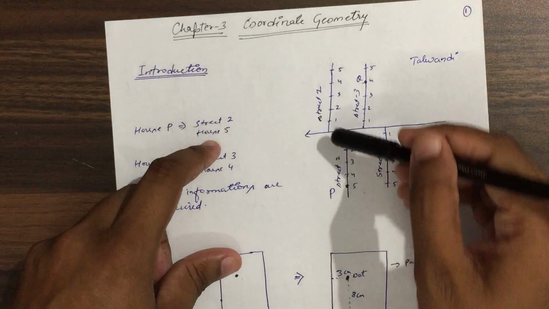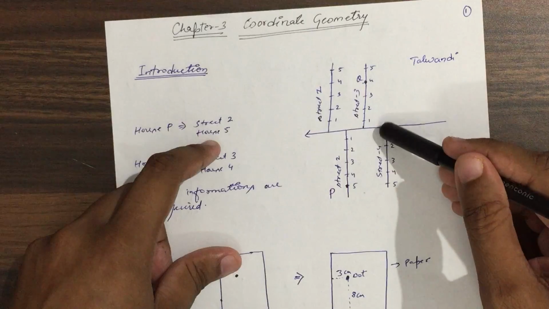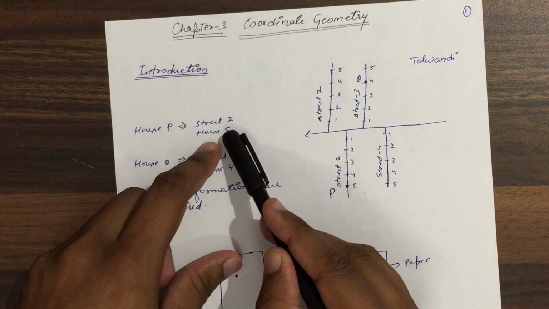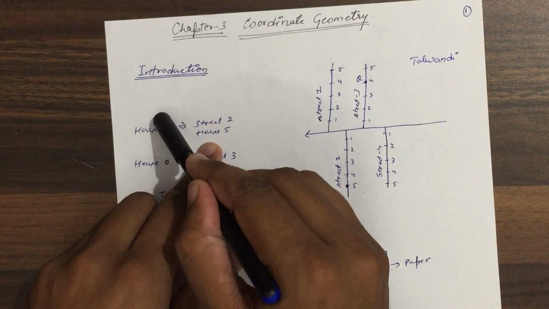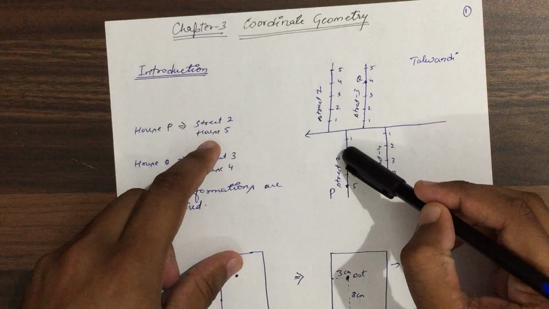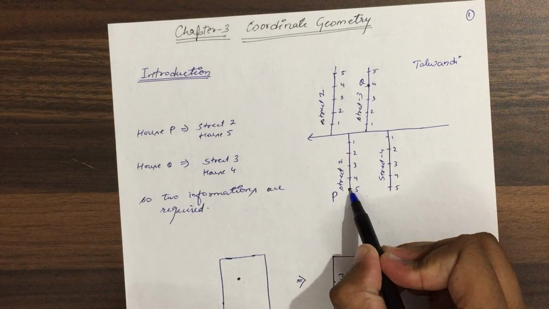Now what you will do, this is street 1, this is street 2, this is street 3, this is street 4. Now I told you, go to street 2 and house number 5 will be house P. So now it is very simple for you to locate. This is street 2 and this is house number 5. So you can locate it easily.